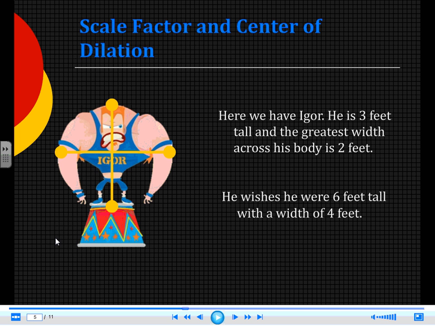To get from 3 to 6, you notice I got to multiply 3 times 2 to get to 6. Scale factor involves multiplication. So the scale factor of his width is going to be multiplied by 2 as well. So do you see, if he's 3 foot by 2 foot, if he wants to be 6 foot tall, he has to be 6 foot by 4 feet. Okay.